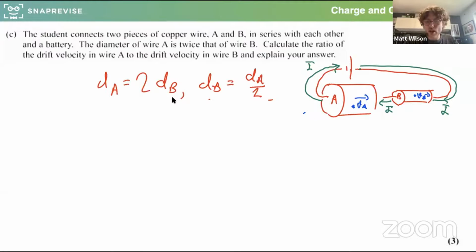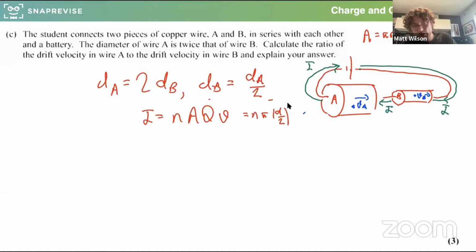It is I equals NAQV. And we can replace the cross-sectional area now with the diameter. Note that area is pi r squared. So that's pi times the diameter over 2 squared. So it's n times pi times diameter over 2 squared times q times v.